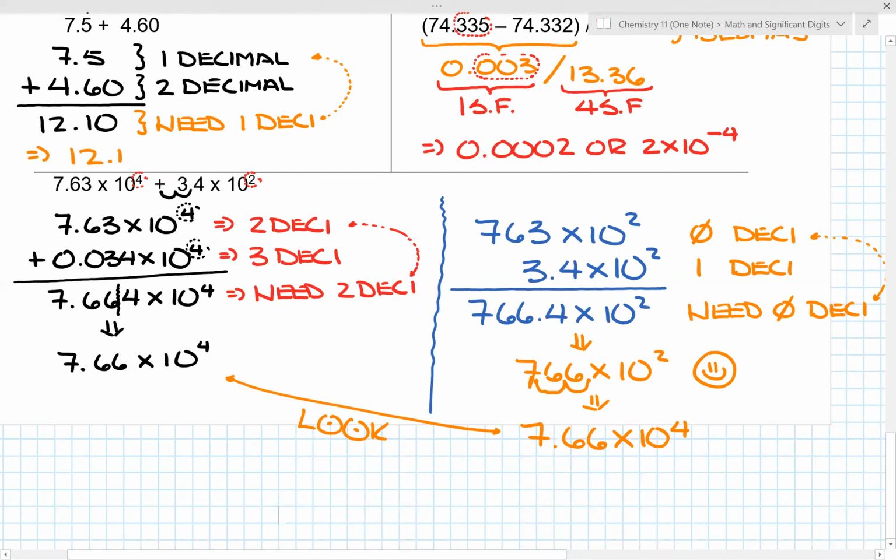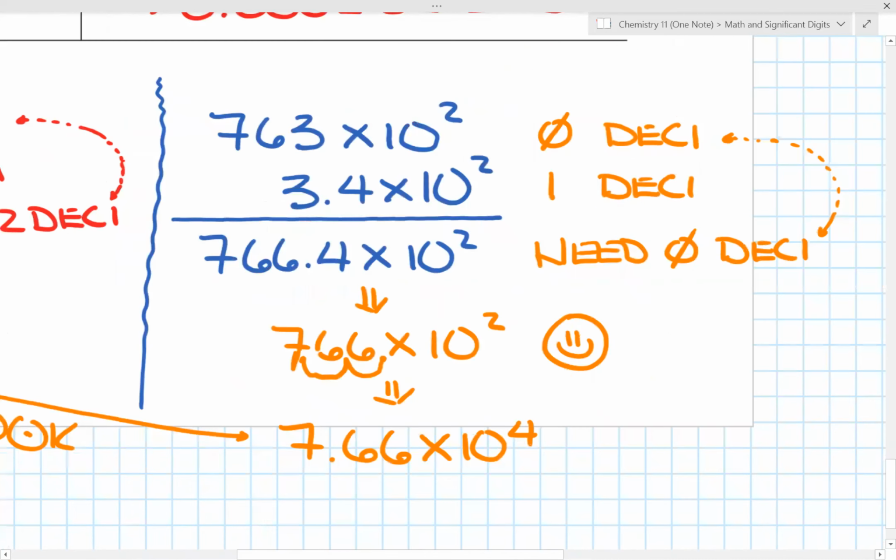Now, a common confusion is this. If you choose to do 10 to the 2, what do you do first? You should always round off to the correct number of decimal places first before you move the decimal place. So in this case, if you look back, it was 766 times 10 to the 2. I made sure the correct number of digits was there.